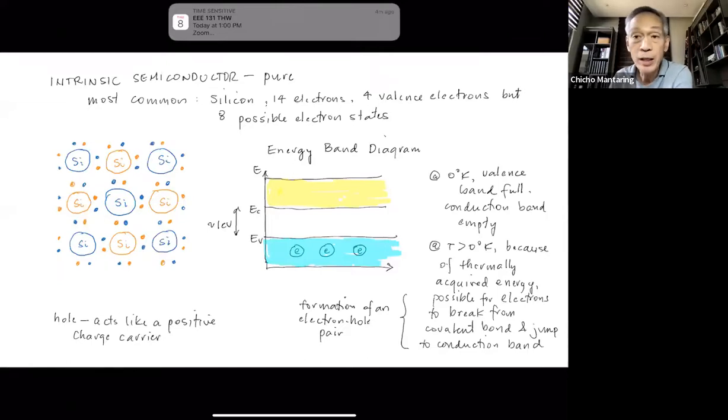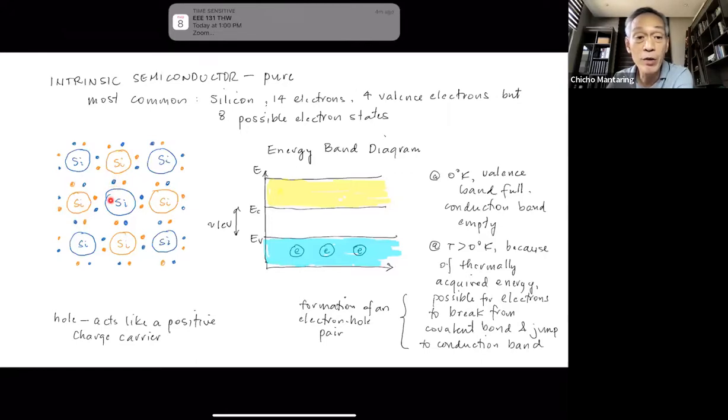So if you take a look at the solid structure of silicon, this is a 2-dimensional representation of a solid silicon structure. It is actually 3-dimensional. It is tetrahedral, as I mentioned last time. Each silicon atom shares a valence electron with one other silicon atom.